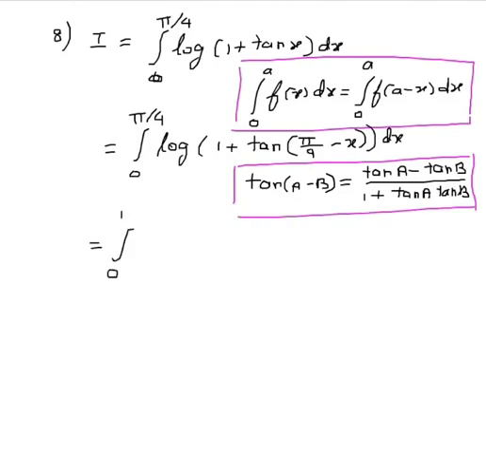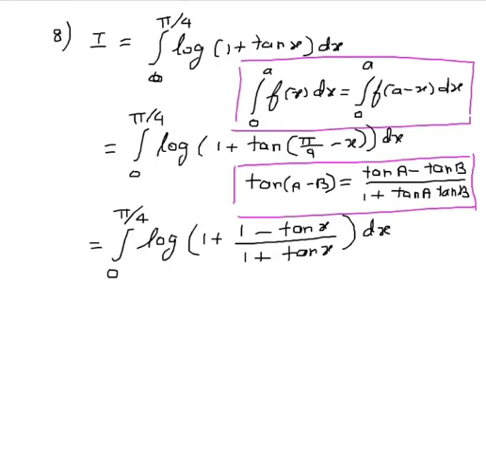Therefore, the given integral becomes integral 0 to pi by 4 of log of 1 plus tan a, here a is pi by 4, tan 45 is 1, minus tan b, which is tan x, divided by 1 plus tan 45, which is 1, into tan x, dx. Let us simplify this.